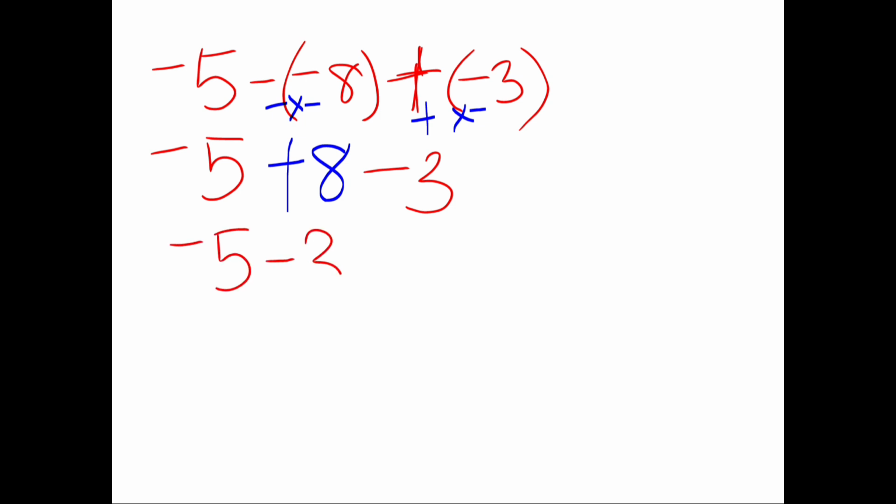Minus 3. I'm just rearranging, right? Nothing is changing. Okay, very good. Minus 5, minus 3, and what? Plus 8. Can you see that? Interesting. So now what is minus 5 minus 3? You should know that by now. Good, minus 8. You can see it is very easy.